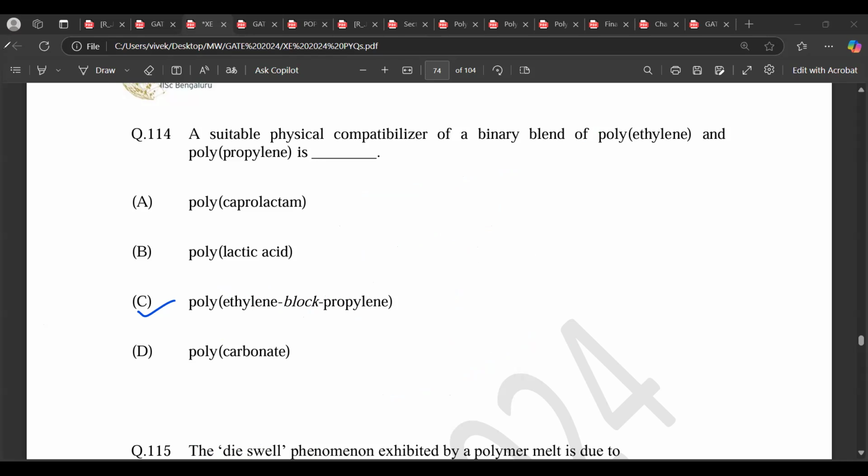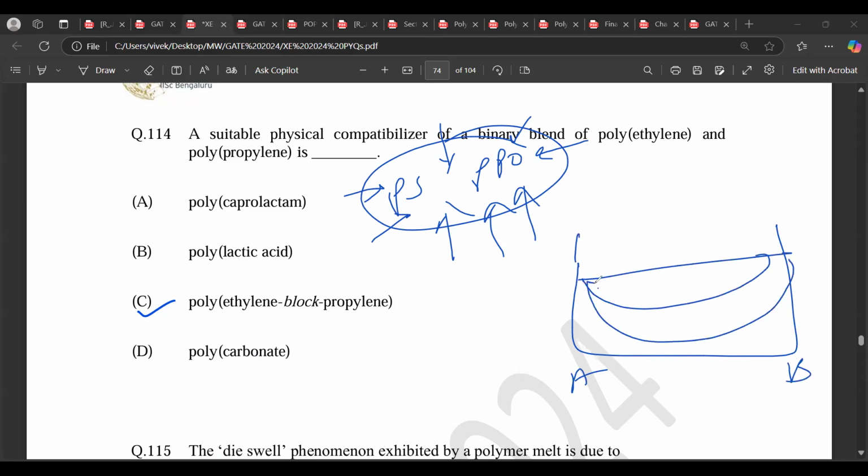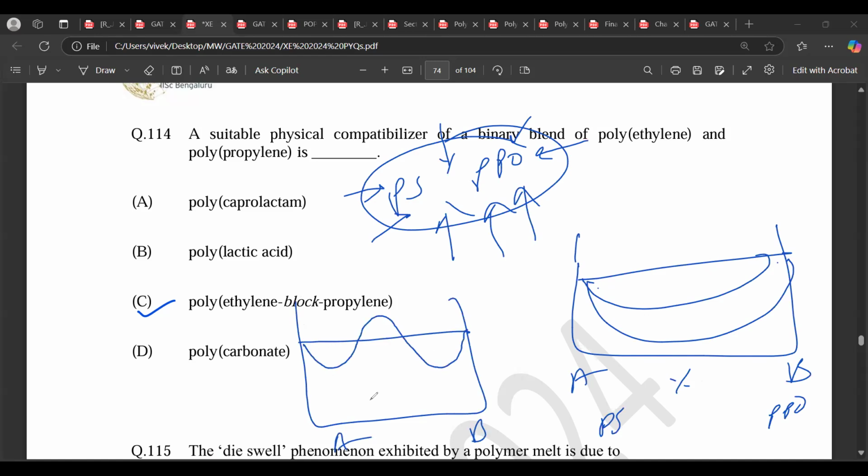Usually PS and PPO is the basic concept that everybody uses. PS and PPO is the only miscible blend that we know. They are miscible almost at 100%, from 0 to 100% composition, if this is PS and PPO. But in the case of others, it's usually like this.